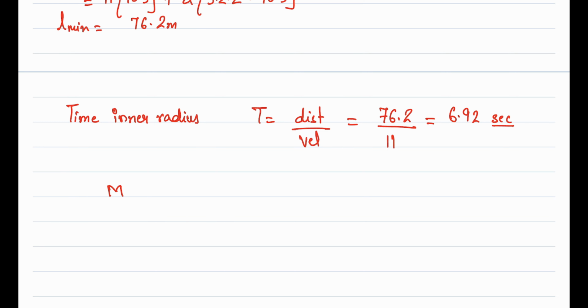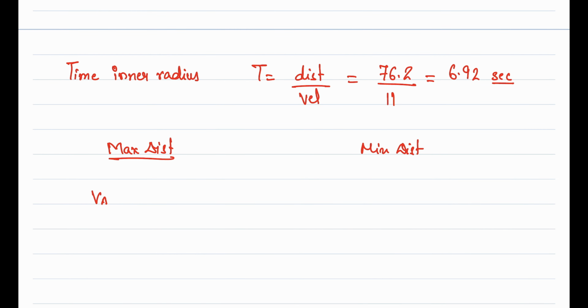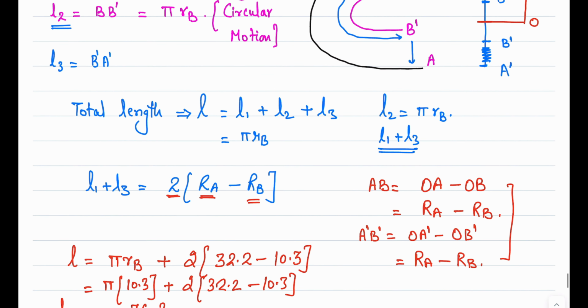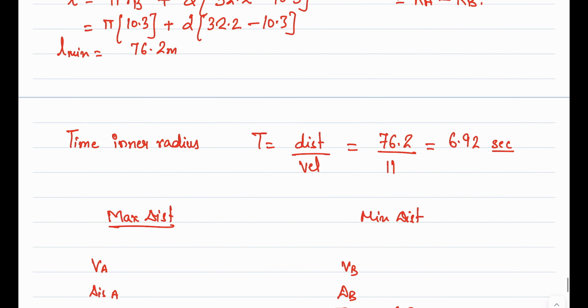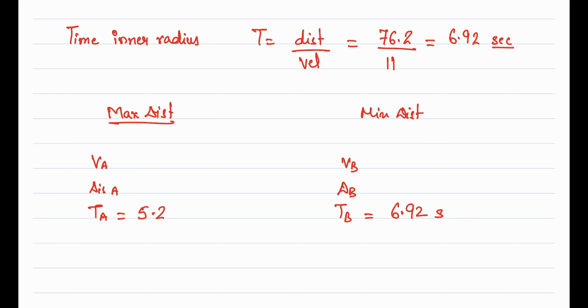Okay, just compare the maximum and minimum. So in case of maximum distance and minimum distance, we have three values. Okay, we have the velocity of A and the distance of A. We have time of A, velocity of B, distance of B, and time of B. If you check the time, what is the value? 6.92 second. And time A, what is the time A? Time A 5.20. So who is the faster one? Just tell me.